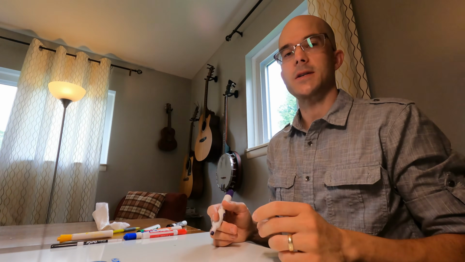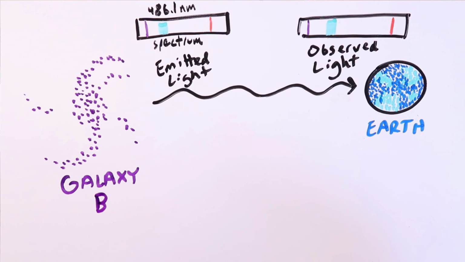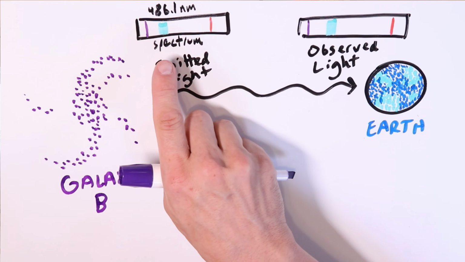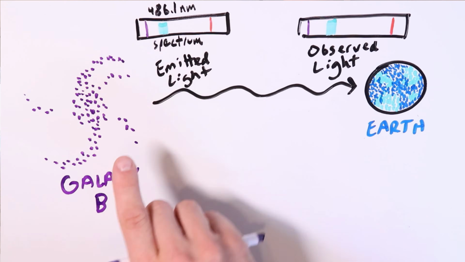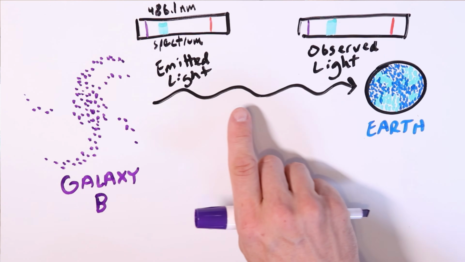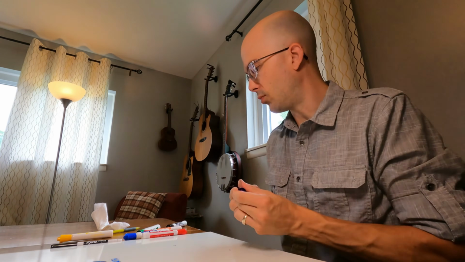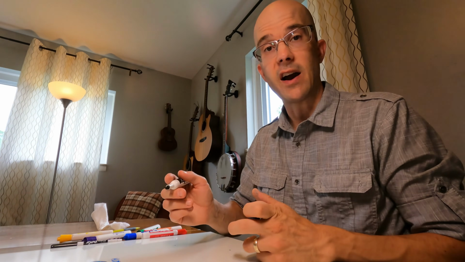Now suppose that we're observing a different galaxy. Let's call this galaxy Galaxy B. And in Galaxy B, we're observing the same emission line in hydrogen, 486.1 nanometers. But by the time that that emitted light has traveled through space and been observed by Earth, instead of seeing 486.1, we see a value of 485.8.